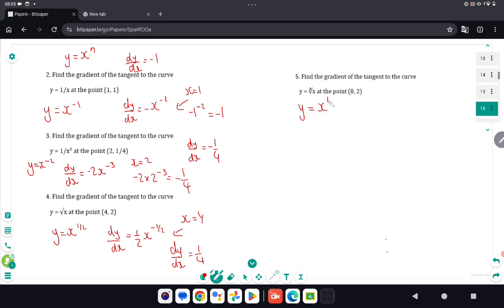Cube root of x is the same as x to the power third. Differentiate. Sub in x is equal to 8. That should be 2/3 there.